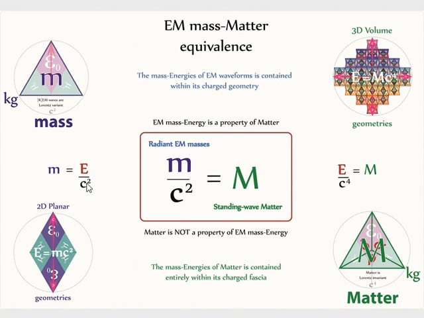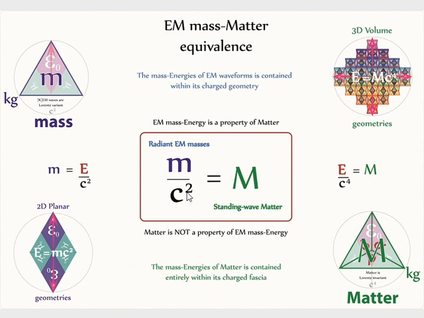It's an equivalence between the two. However, because matter is made up of tetrahedral geometries of mass energy, where each fascia is the mass energy of the matter, we find that the energy content of matter is c to the fourth, but the mass content of matter is c squared. So just so that we're clear on this, the energy content of matter is c to the fourth, the mass content of matter is c squared.